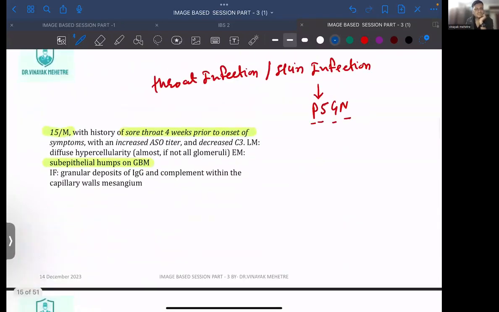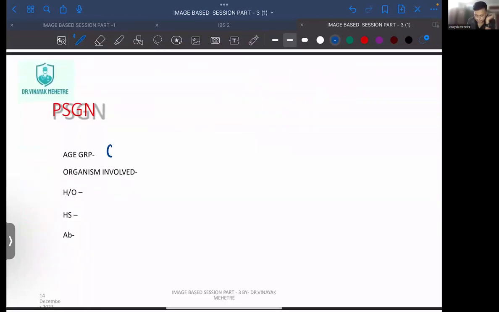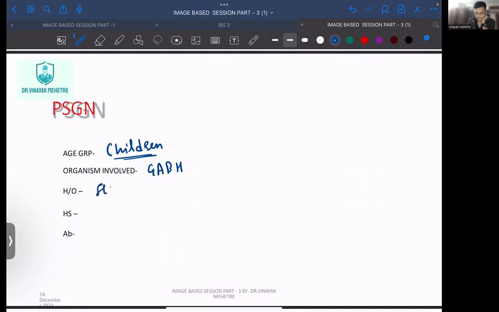Just we have read 15 month, that means in the child, so age group will be children. Organism involved is group A beta hemolyticus, right? Where will we find the history? Just we have discussed this as well, history of skin and throat infection. You must have read in ENT which organism causes throat infection, so that is connected over here as well, right?